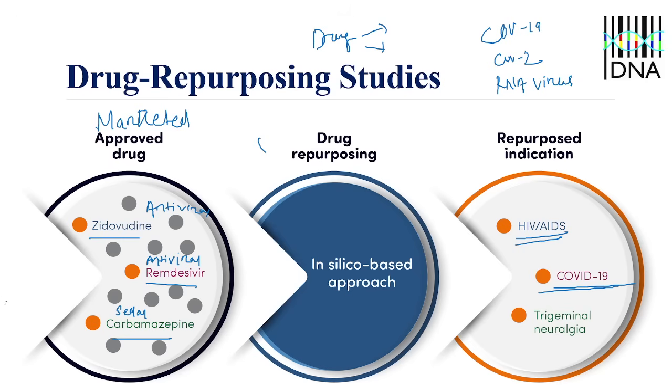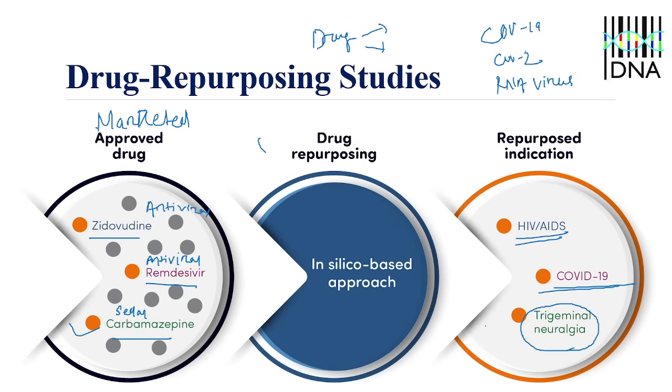In the same way, carbamazepine, apart from its hypnotic and sedative effect, is also used in the treatment of trigeminal neuralgia. So one drug is having two different activities. That is called the repurposing study.